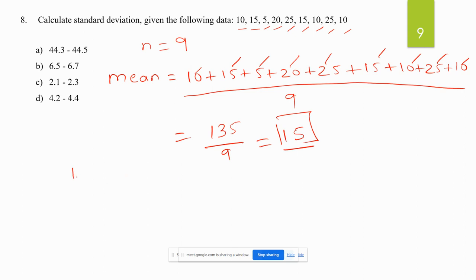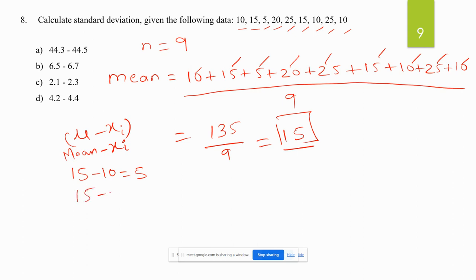Now we find mean minus xi, that is mu minus xi. 15 minus 10 equals 5.